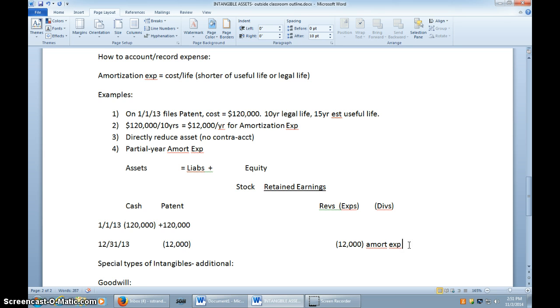Now let's say that we had that same example, except that we got the patent on July 1, 2013.